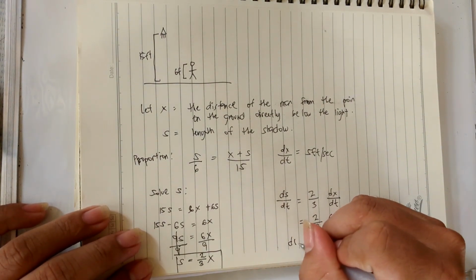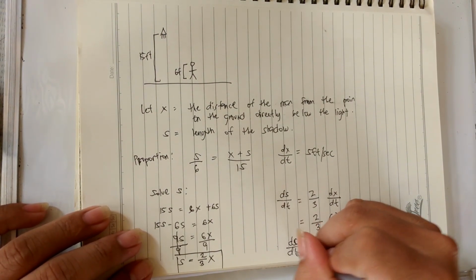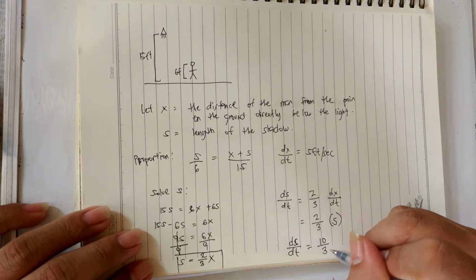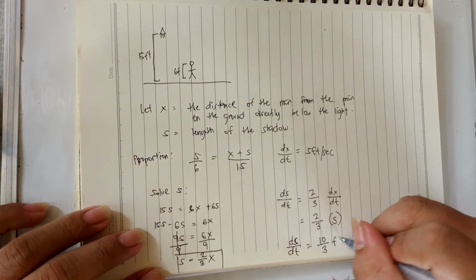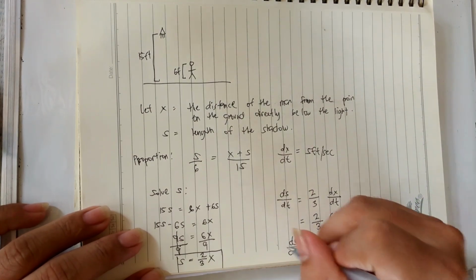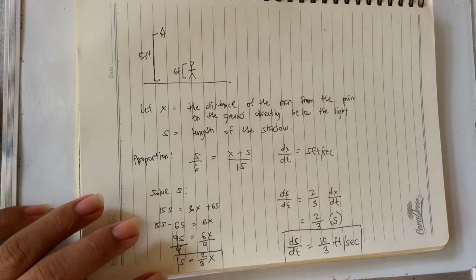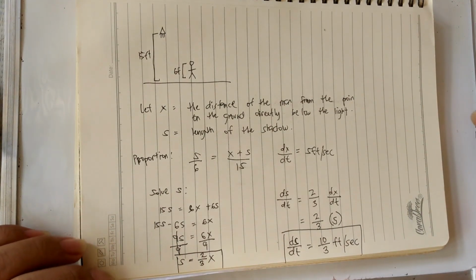So our answer is ds dt is equal to 10 over 3. So which is the final answer. The speed of the shadow is 10 over 3 feet per second.